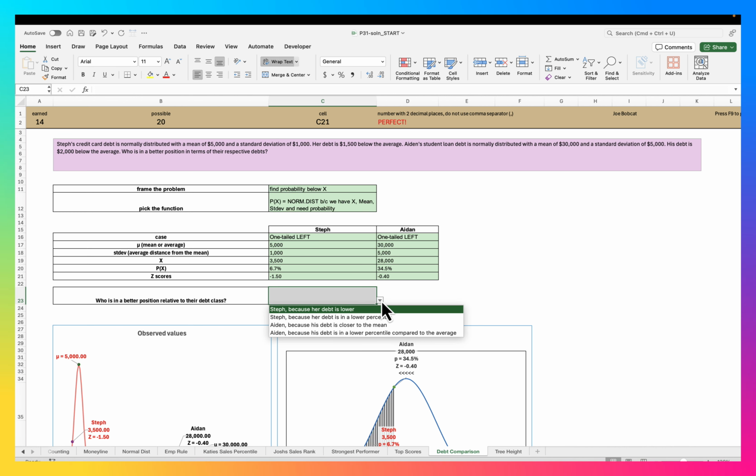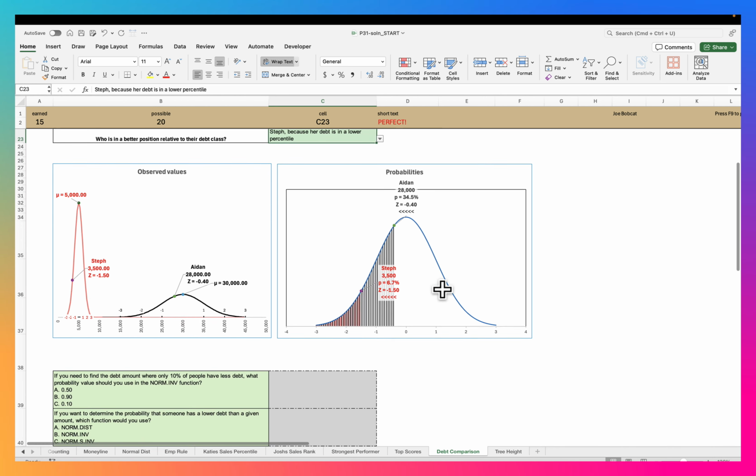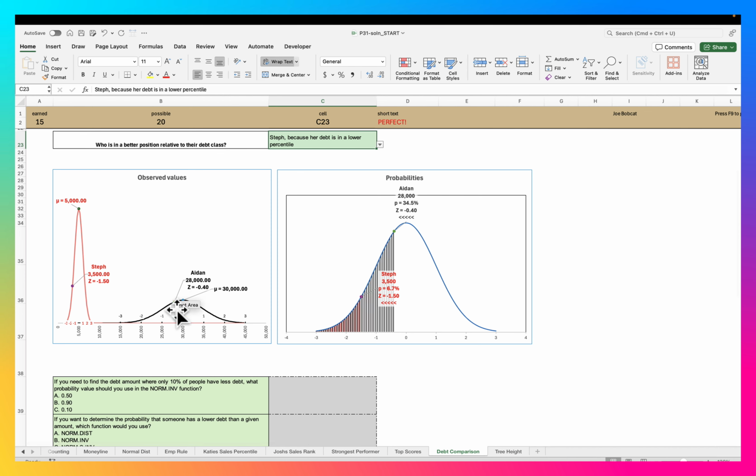Who's in a better position? Well, you can see Steph's in a lower percentile, so her debt is in a lower percentile. Let's look at it in pictures. Remember, really different scales. Here's Aiden. There's his 30,000, and he's below that, with a z-score of negative 0.4. Here's Steph. With her credit card debt, the mean is 5,000.